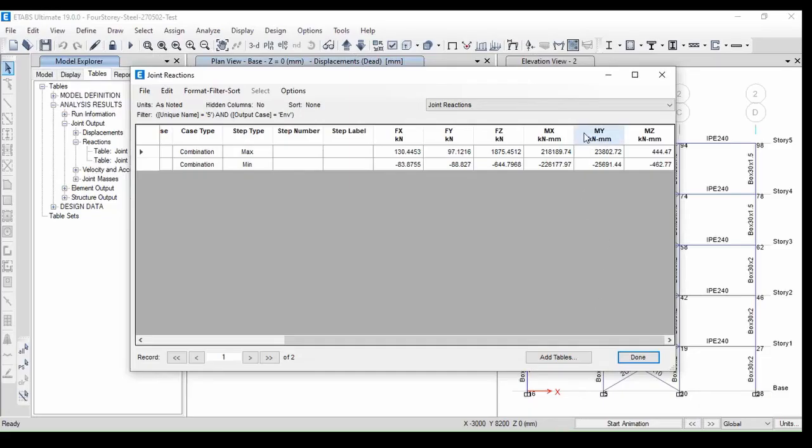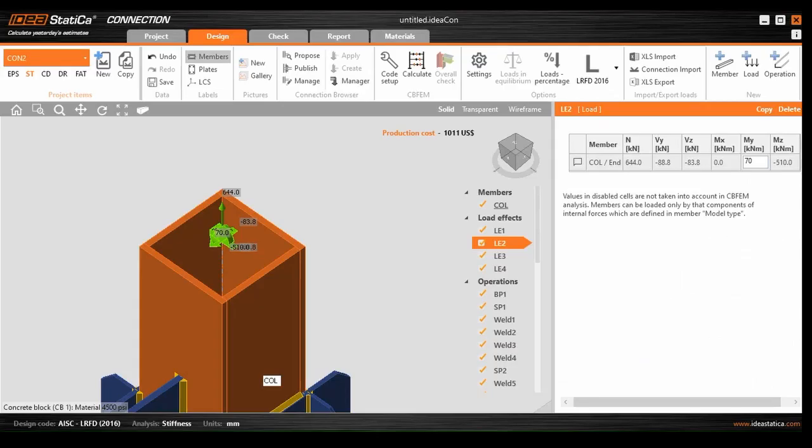Moment about y-axis is about minus 25.7, I believe.